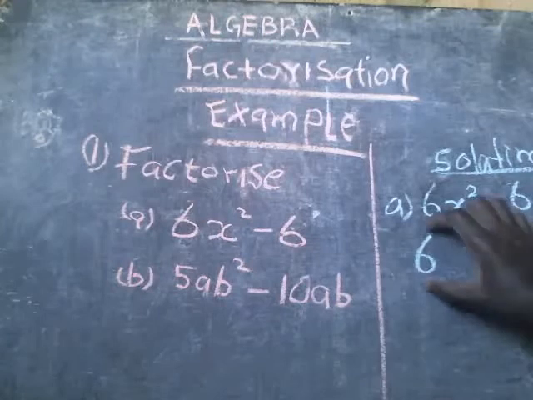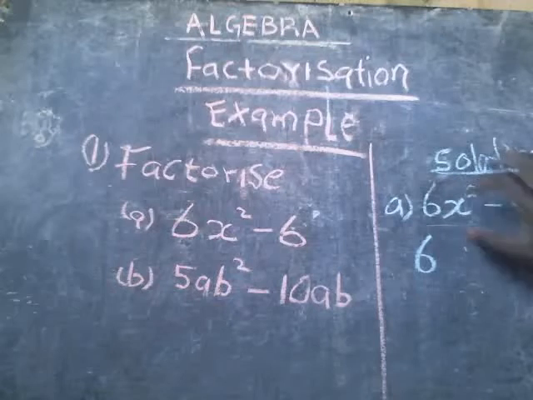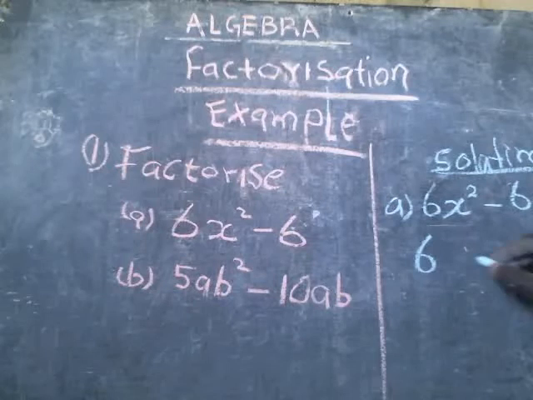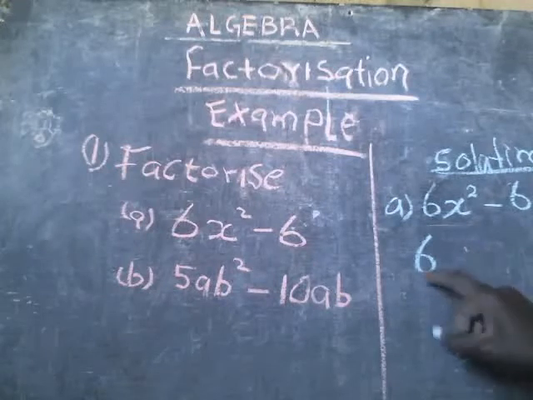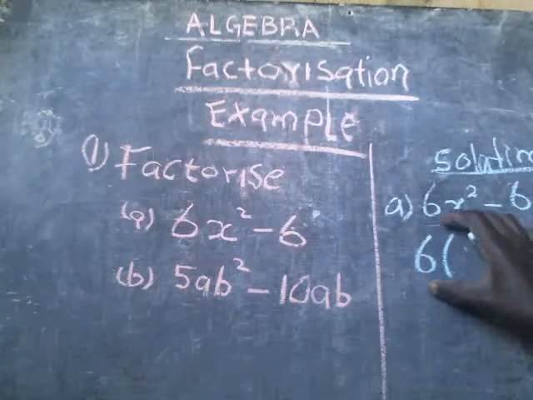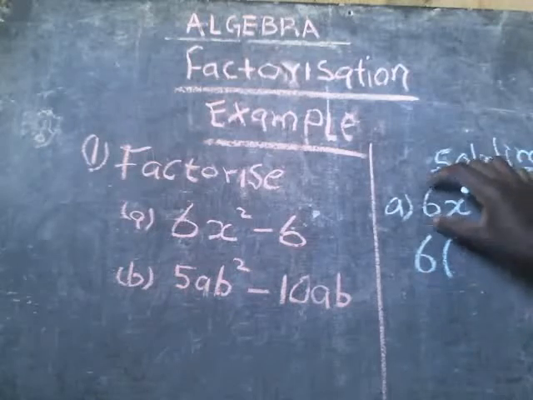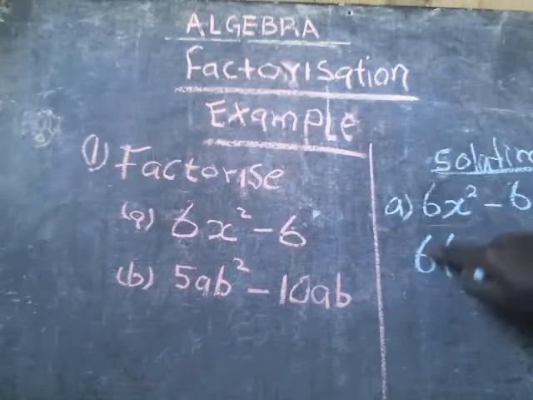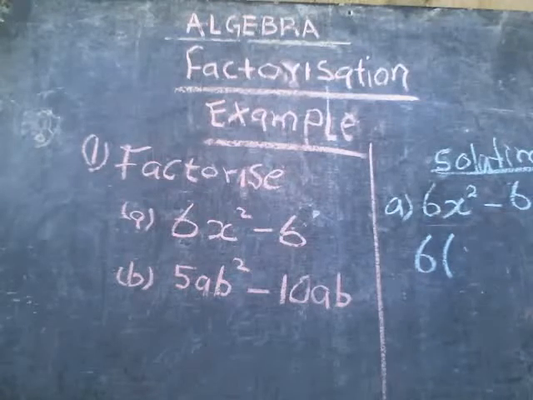So when you bring it down there, it means you cannot write it again when you begin writing them. So we know that 6 is common, so we open brackets. Since 6 is common there, how many times does 6 go into 6? So 6 goes into 6 once.